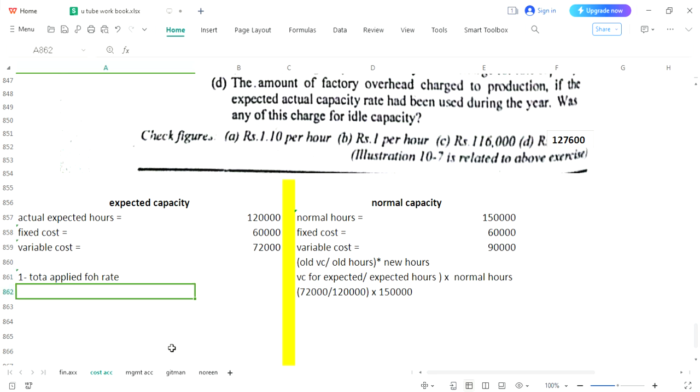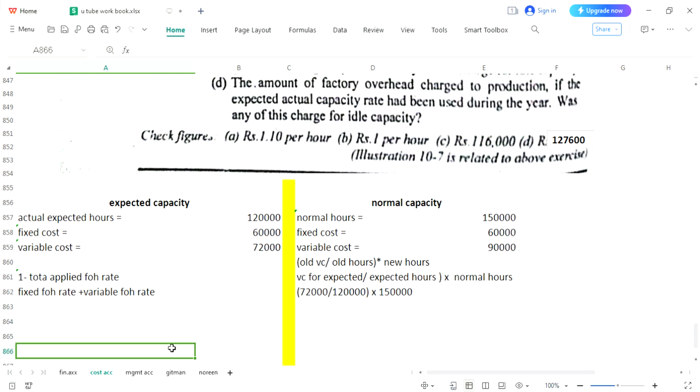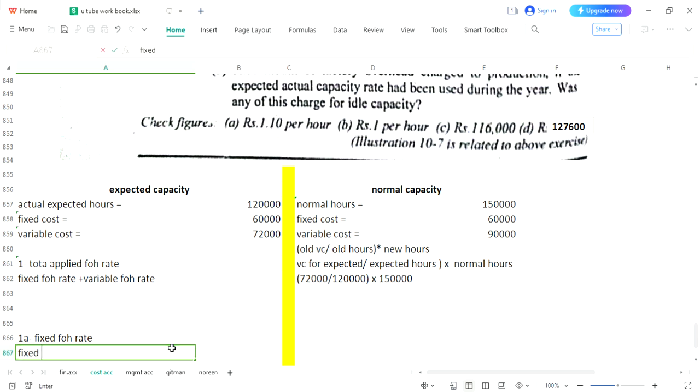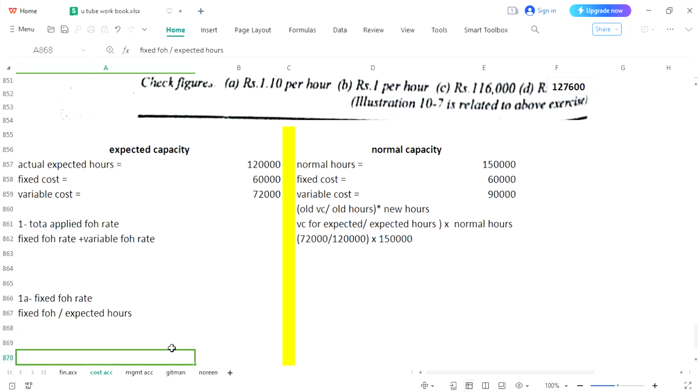It has two major things: fixed FH rate plus variable FH rate. For that, 1A we will be calculating as fixed FH rate. How? We will take fixed FH, and that would be divided by expected hours.